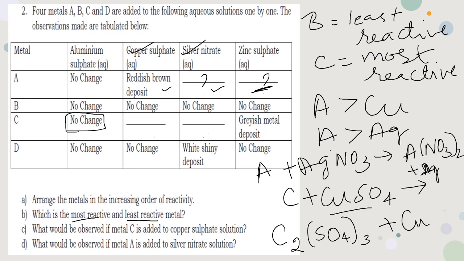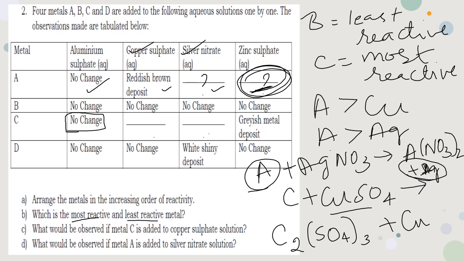So what do we see? Silver nitrate solution is colorless. Reaction will take place and we will get ANO3 twice, which is also colorless, but we will notice that silvery metal gets deposited, which indicates that reaction has taken place. Now A is not displacing aluminium, and we don't know what's happening here.